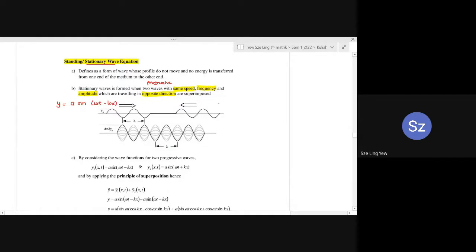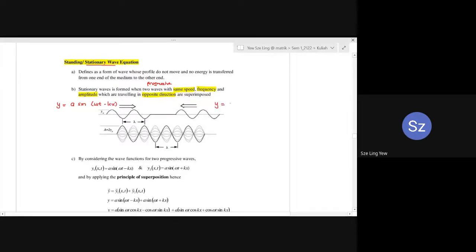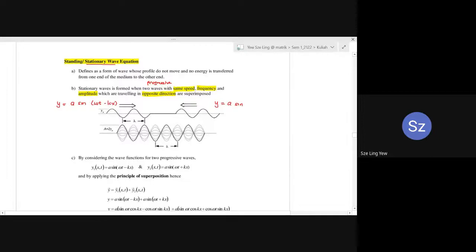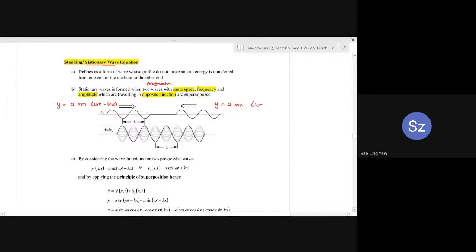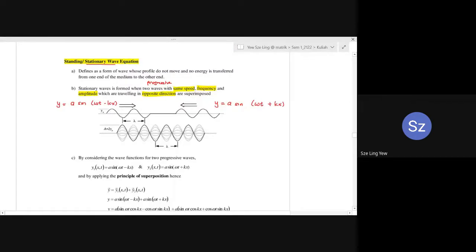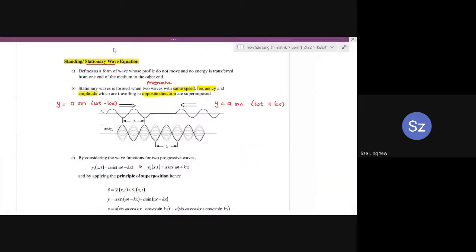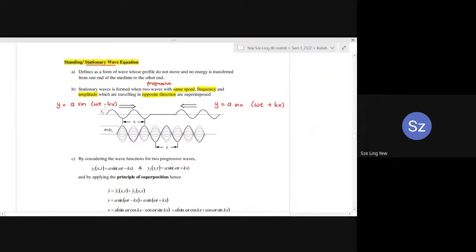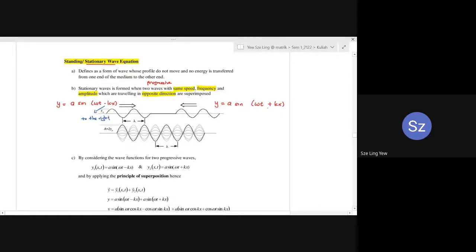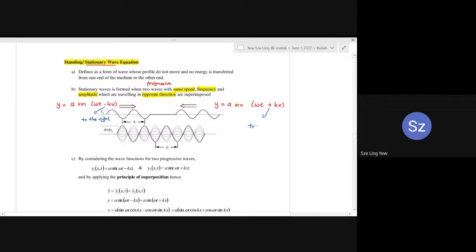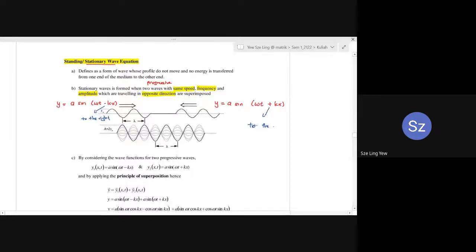And the other one is y equals a sine(omega t plus kx) because of the direction. Now the wave is traveling to the left. So this negative sign means travel to the right, and this positive sign means travel to the left.